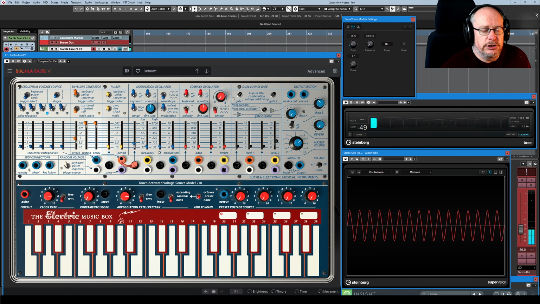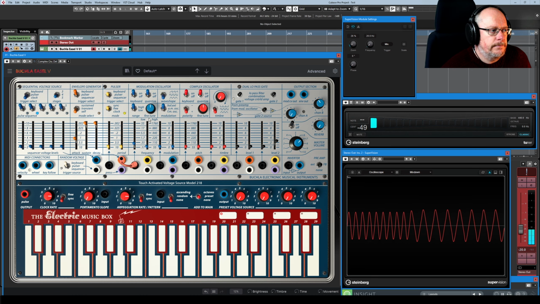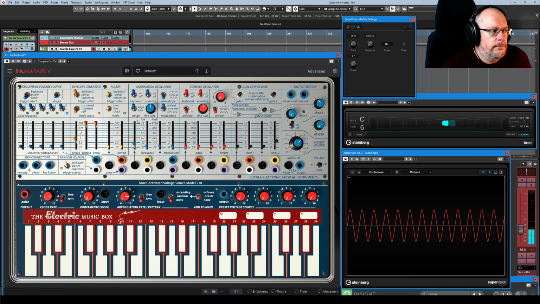So we did all this kind of stuff with the complex oscillator. But as things stand, if I plug something into this modulation input, we're actually going to have no effect on anything. We're not going to hear anything.